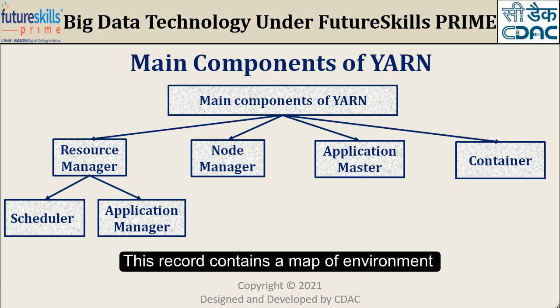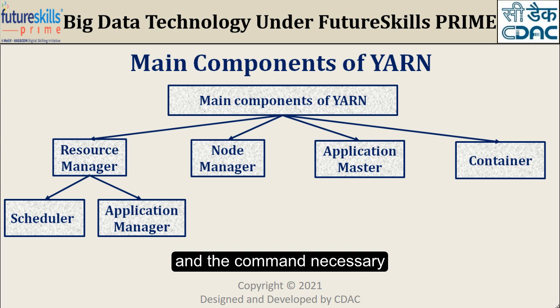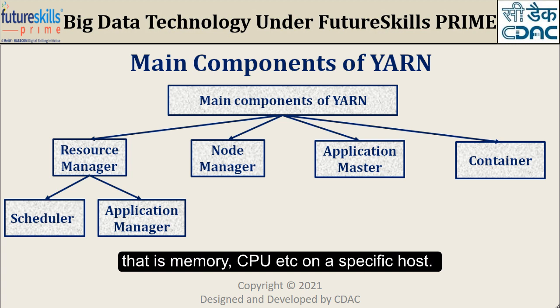This record contains a map of environment variables, dependencies stored in a remotely accessible storage, security tokens, payload for node manager services, and the command necessary to create the process. It grants rights to an application to use a specific amount of resources, that is, memory, CPU, etc., on a specific host.